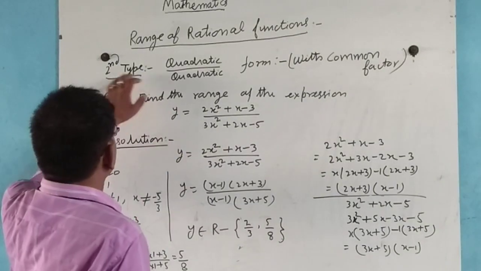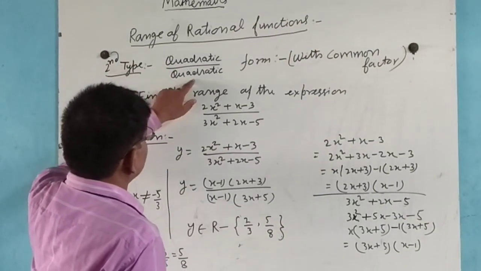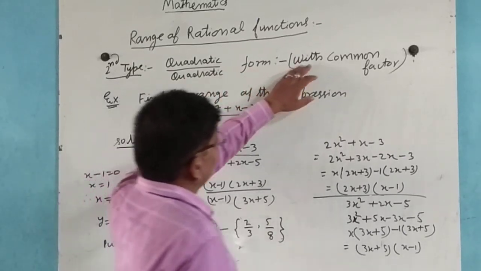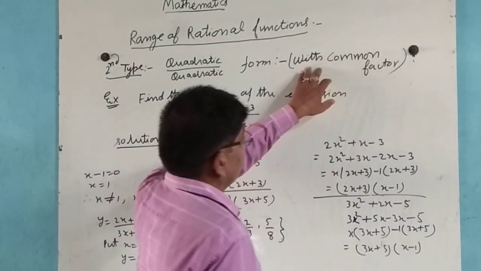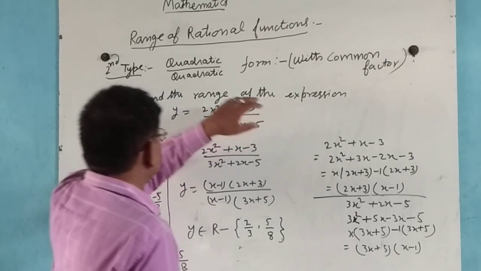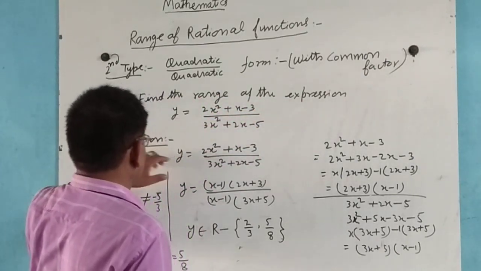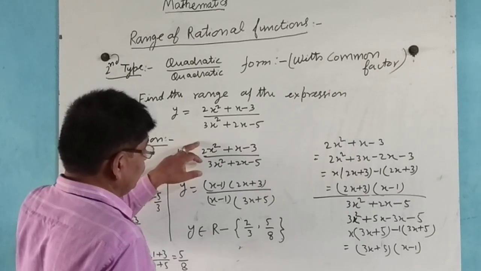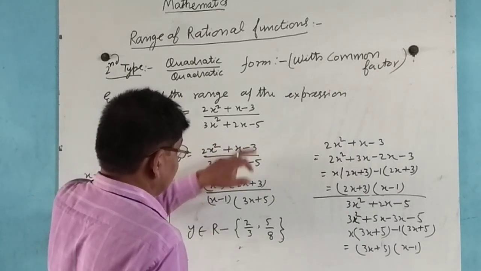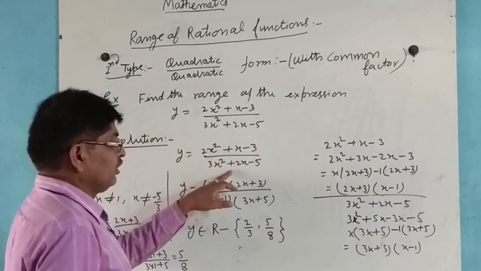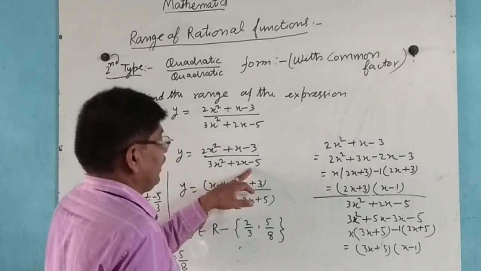Now second type, quadratic by quadratic form with common factor. Here find the range of the expression y equal to 2x square plus x minus 3 divided by 3x square plus 2x minus 5.